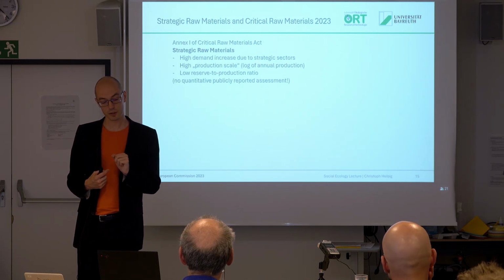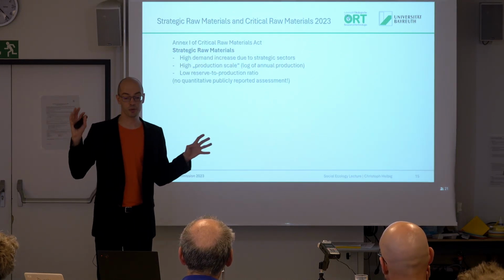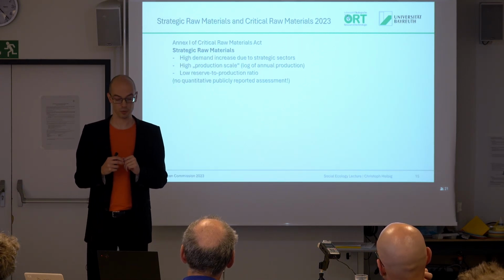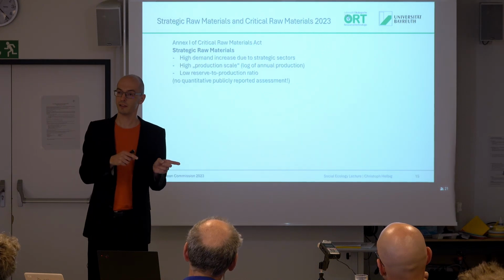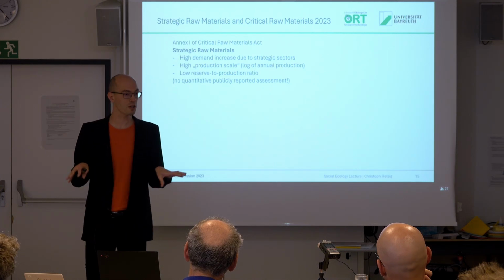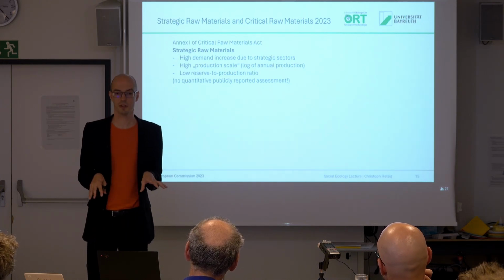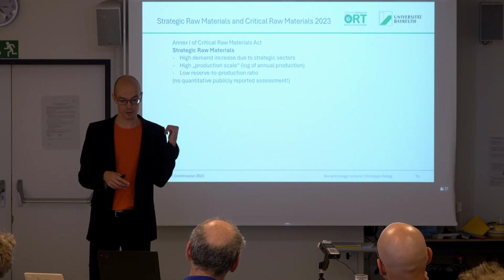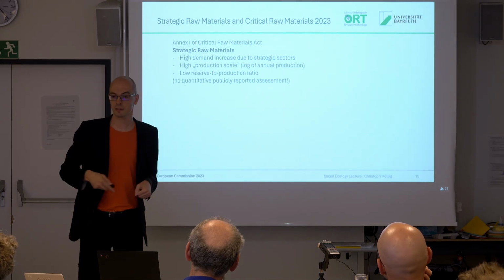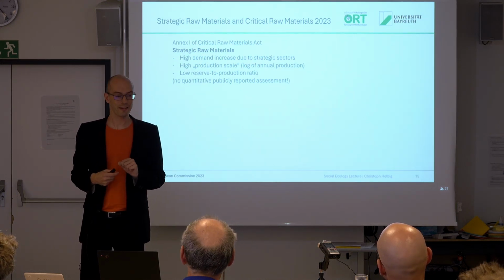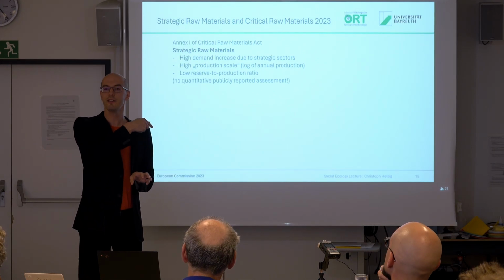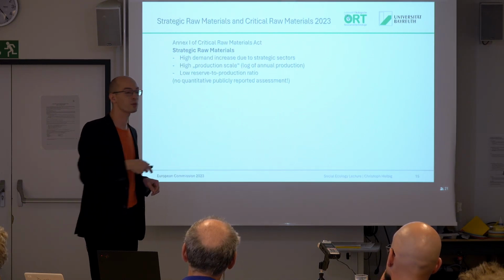Also, it defines that strategic raw materials need to have a high production scale and a low reserve to production ratio, which is actually interesting because in the criticality assessment, there was no information about geology, no information about reserves or scarcity of a material. It was just trading. Now, in the strategic raw materials, we need a lot. We need it for strategic sectors, and there isn't much, basically. But there's no quantitative public information about how exactly that happened and how the EU Commission came up with a list of critical raw materials then.